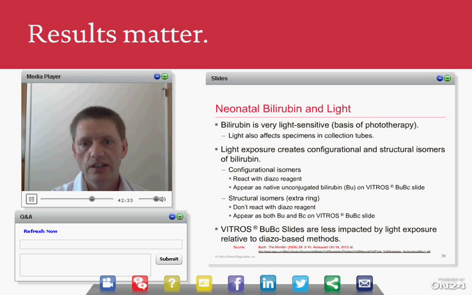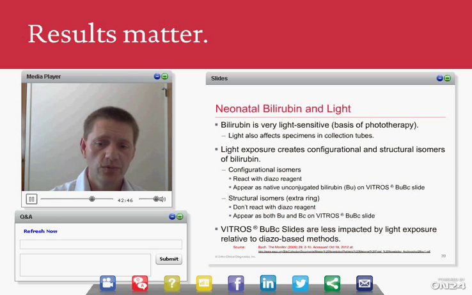So the damaged sample will be measured as if it contains both BU and BC. This can actually be used to a certain extent as a quality check, because the BBC assay is extremely specific for separating out unconjugated and conjugated bilirubin.